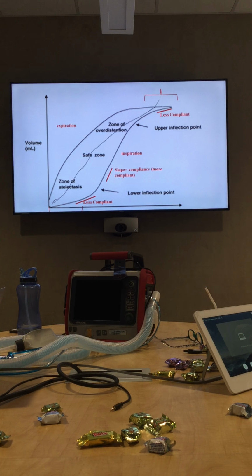Once my slope starts to turn, then I'm actually doing the damage to the patient's lung, not the other way around. It's not because of pneumonia or ARDS that their compliance has gotten worse. It's because I've increased the pressure, and now I've distended that lung, causing basically rupture or air leaks.